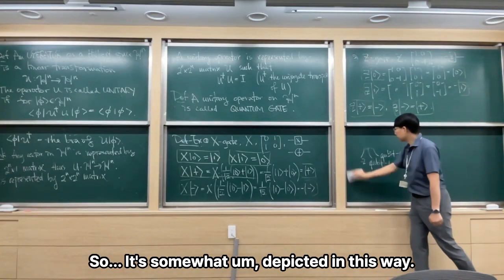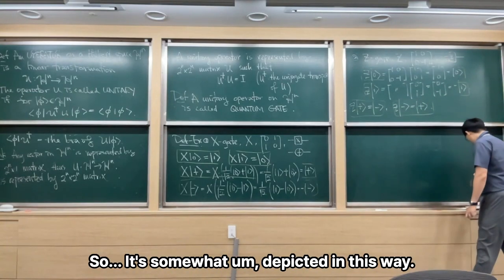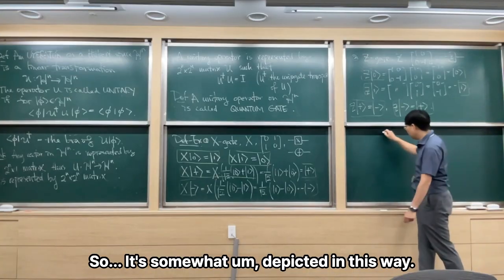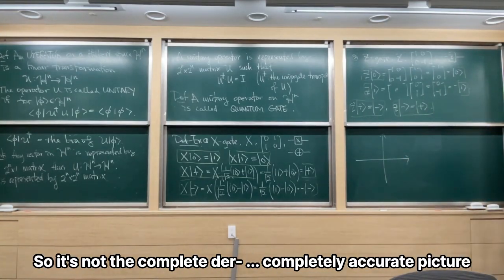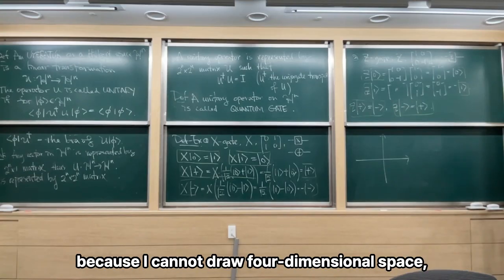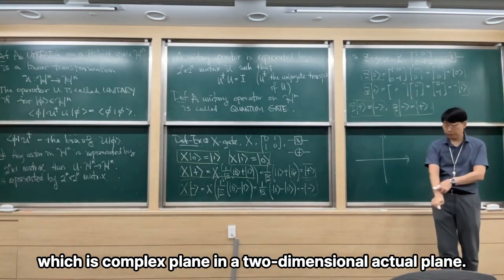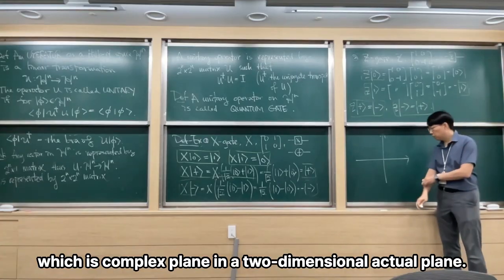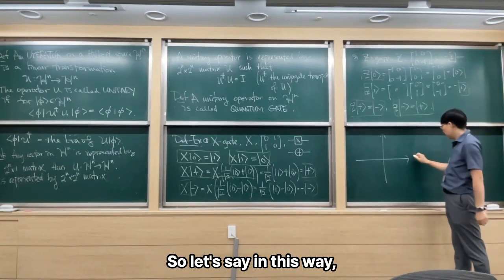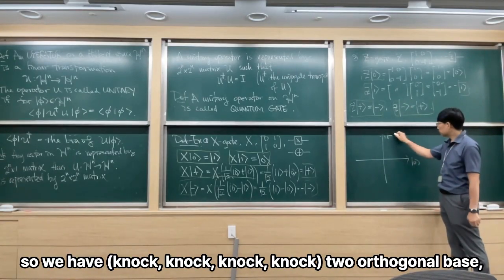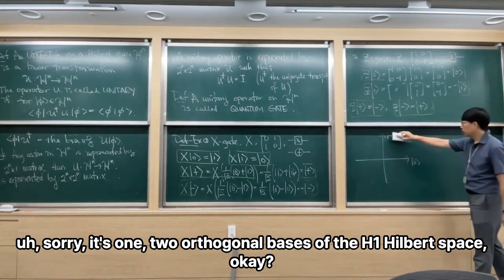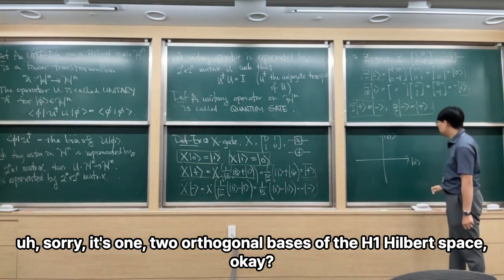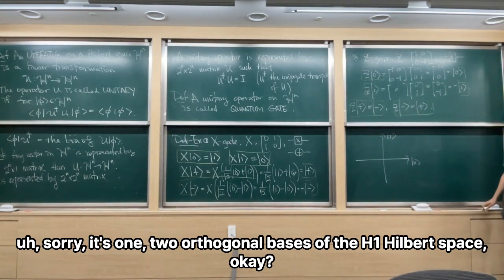So it's somewhat depicted in this way. It's not a completely accurate picture because I cannot draw a 4-dimensional space, which is the complex plane, in a 2-dimensional actual plane. So let's say in this way, we have 2 orthogonal bases of the H1 Hilbert space.